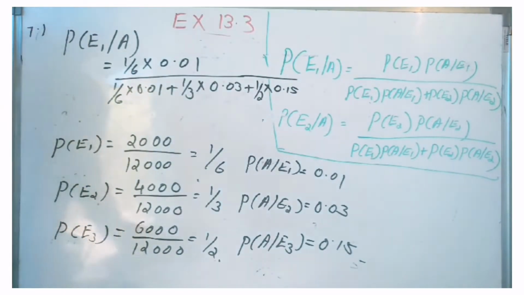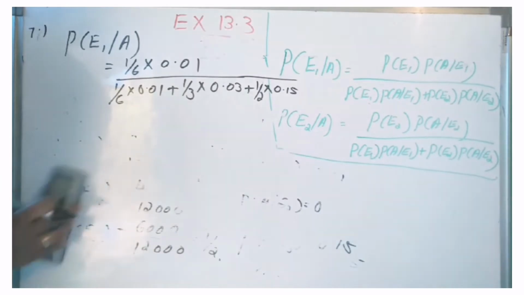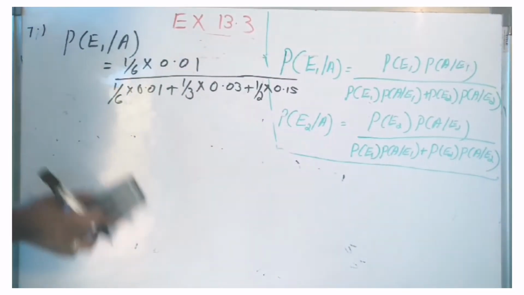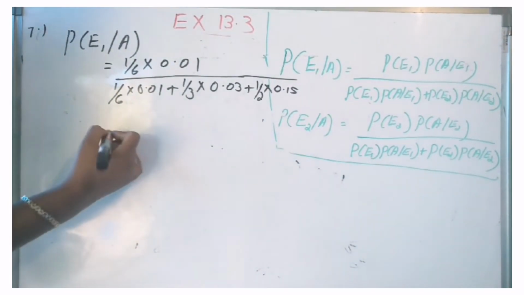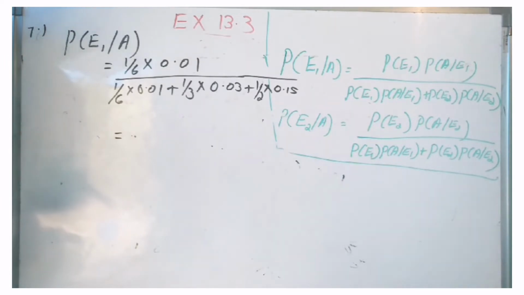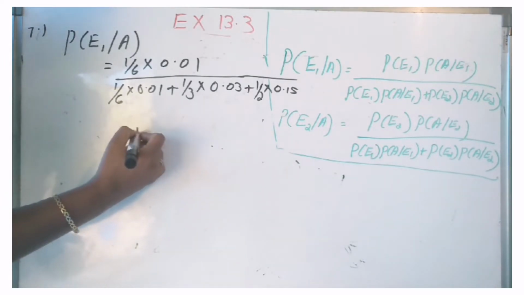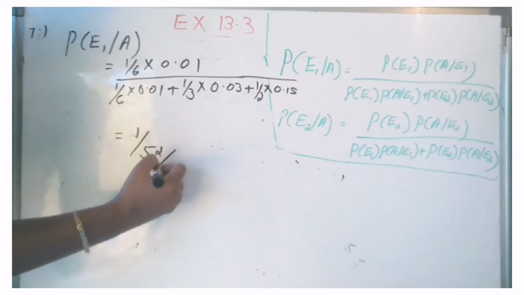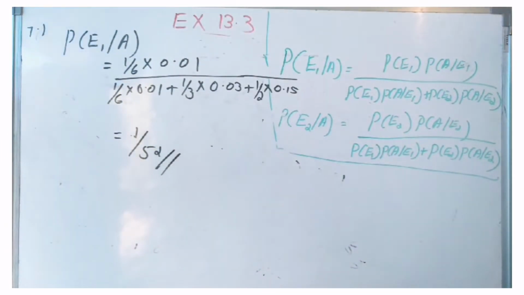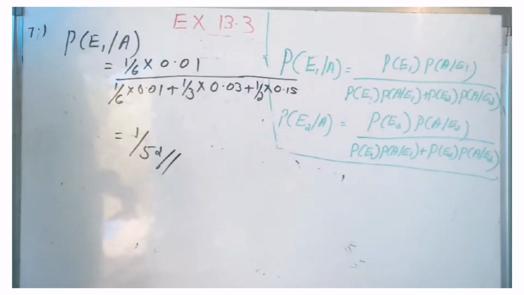Now after simplification, you will get it as 1 by 50.